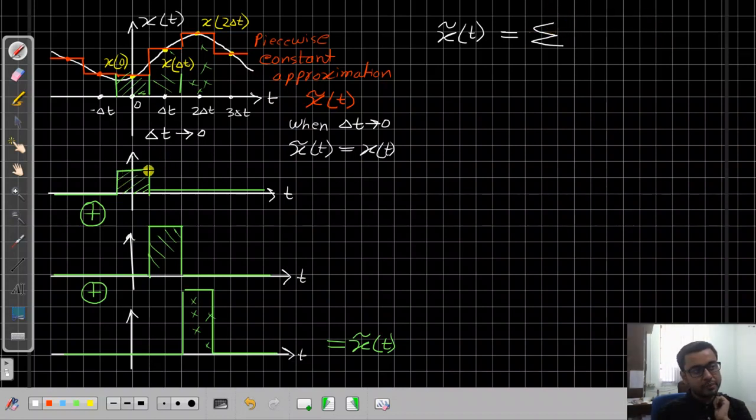So what should be the mathematical expression for this signal? Note that when delta t is close to 0, this is like an impulse function, because this is 0 everywhere other than a very narrow region near t equal to 0. So this will look like an impulse function, or impulse signal, delta(t).